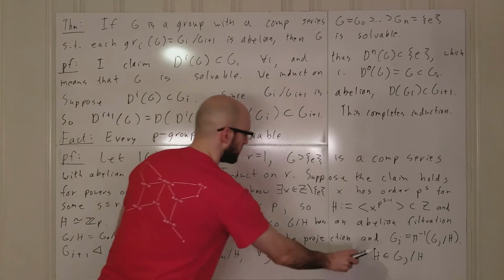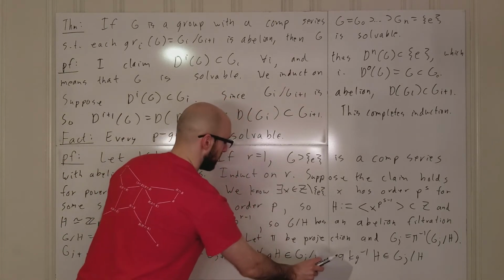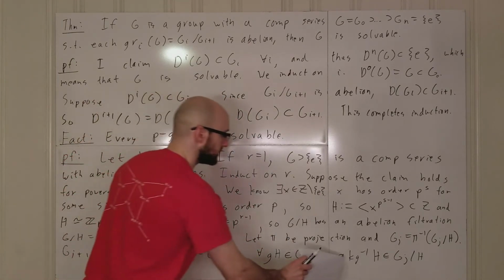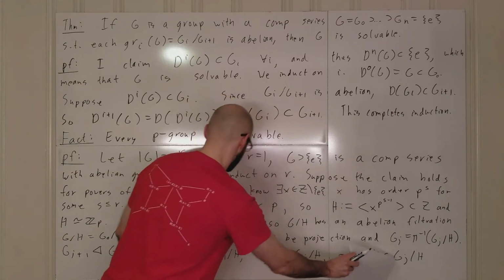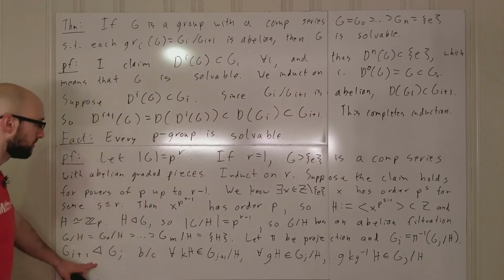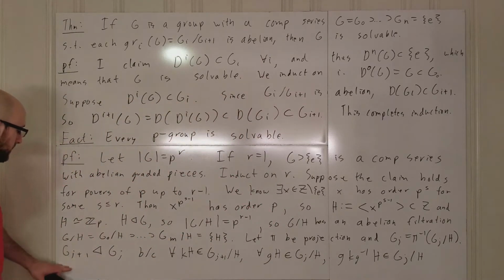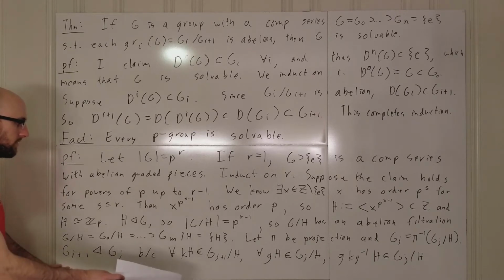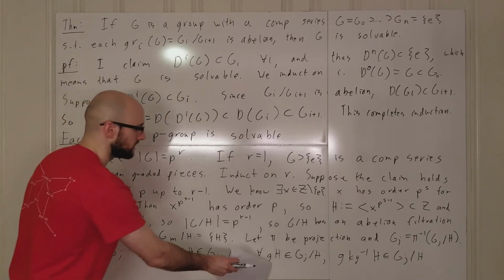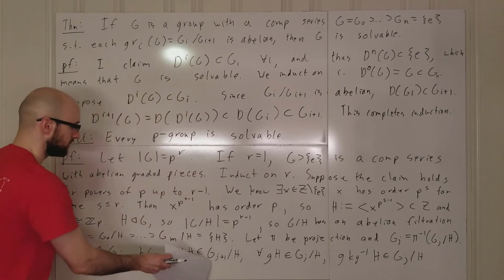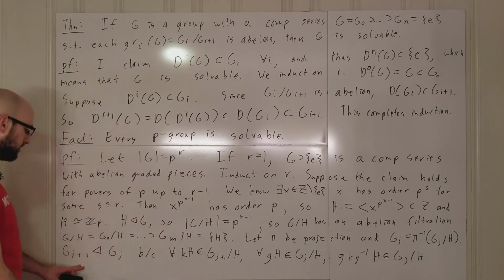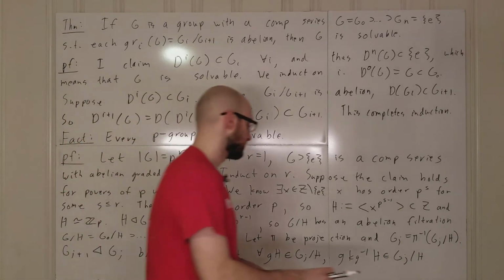This thing is in here, which means that GKG inverse must be in Gj. And so what you can prove there is that this holds for any G in Gj and for any K in Gj plus 1, and thus Gj plus 1 is normal in Gj. So there you go.